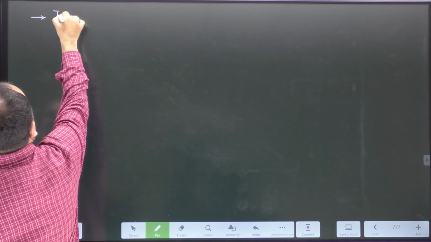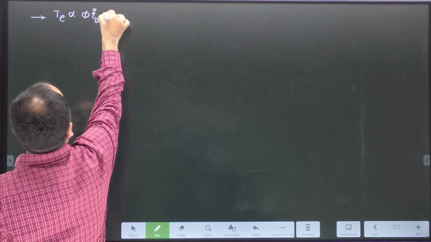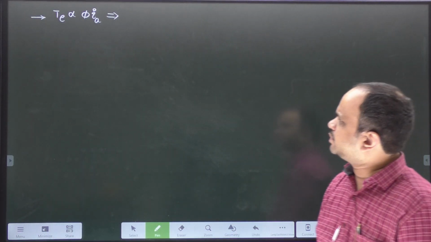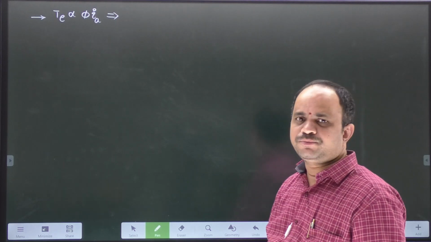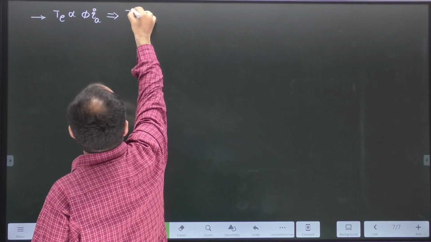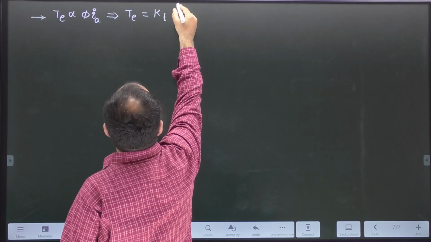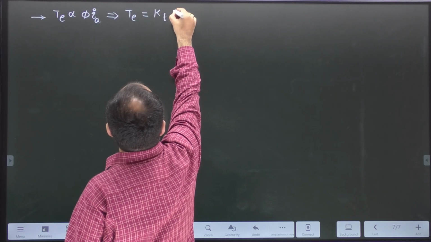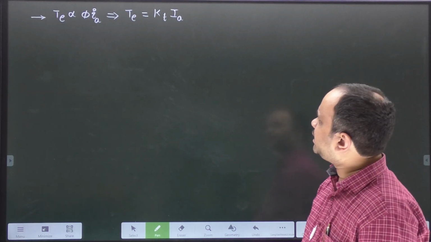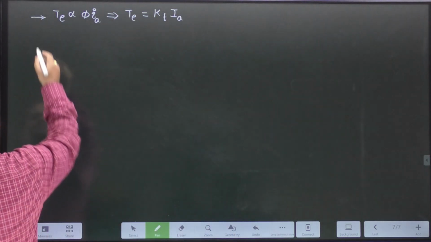We are all familiar with the fact that the electromagnetic torque produced in a DC motor can be expressed as a function of field flux and armature current. Therefore, TE is proportional to field flux multiplied with armature current. In other words, TE is equal to KT, where KT is the torque constant, multiplied with IA. Let me write down all the basic four equations first.